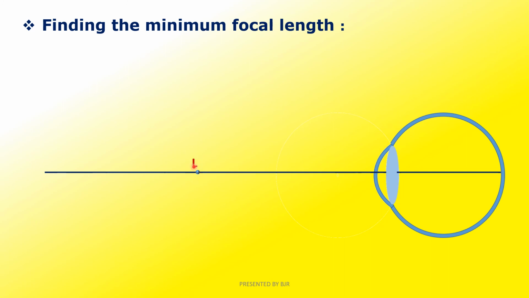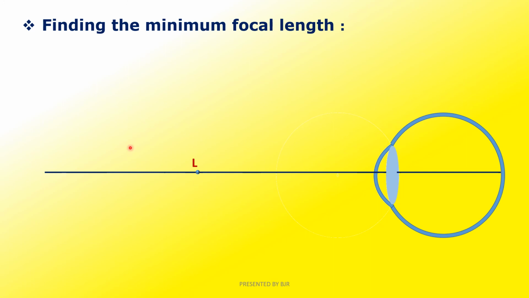Here L indicates the least distance of distinct vision point. That means from here to here it is 25 centimeters in case of normal eye. So I placed a point sized object here at L.